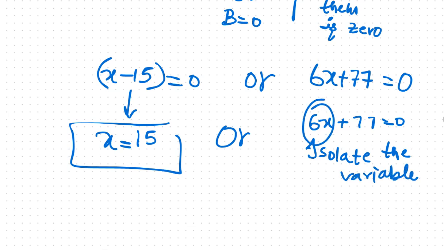First, the variable has a constant: it is being added with 77. So the first thing is to subtract 77.